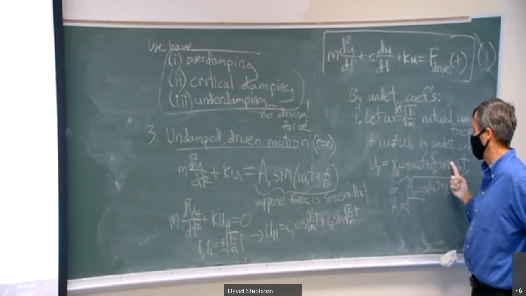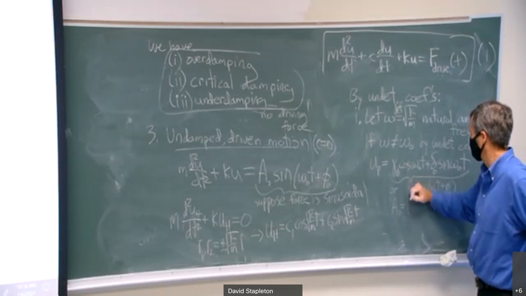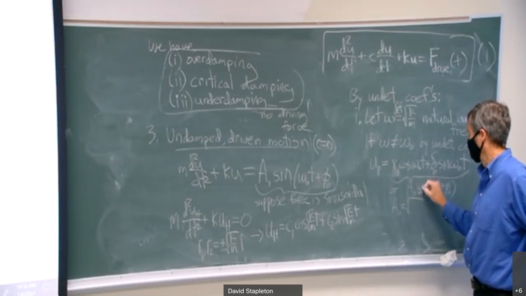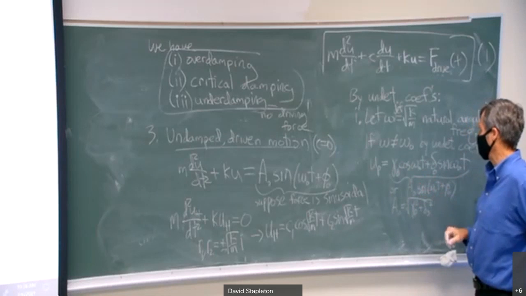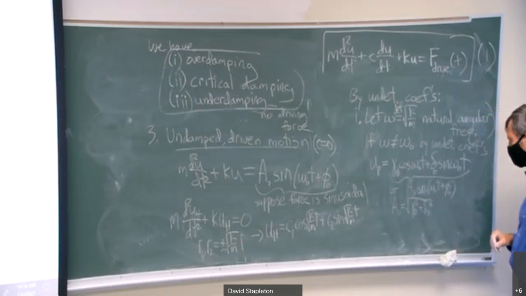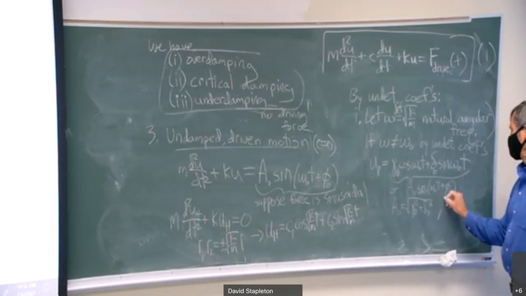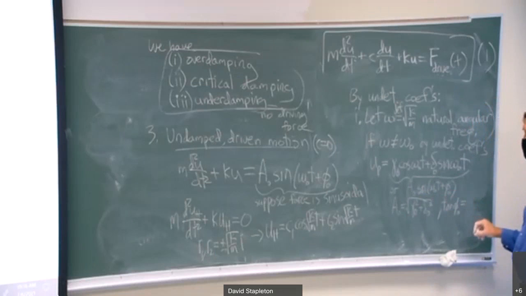So it can be written either way. You can write it this way, that's out of the table. Or if you use our trig trick, we can rewrite it as a sine. You can write it that way. And then tangent phi 0 is gamma 0 over delta 0.